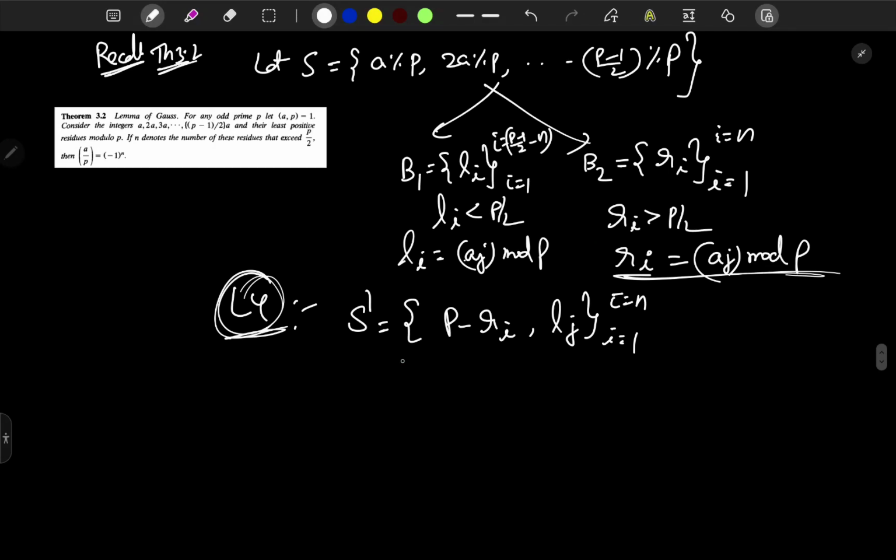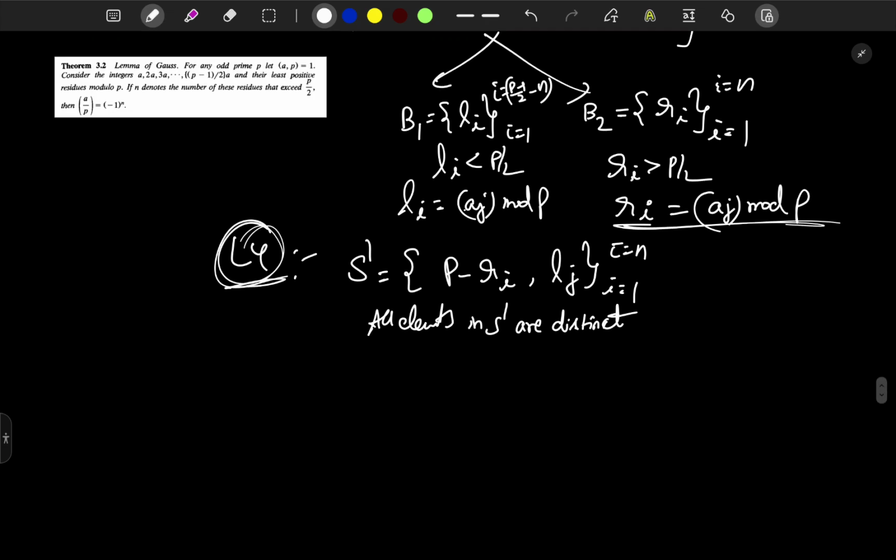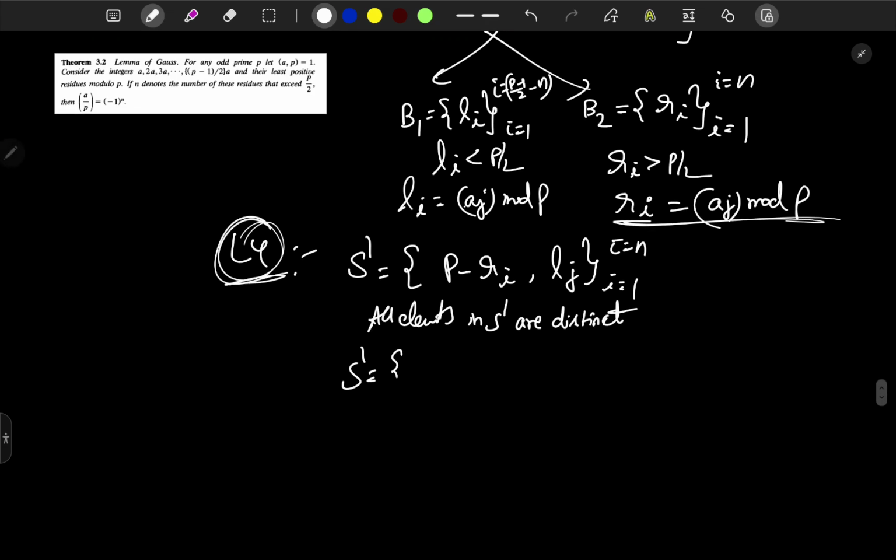So I have proved that all elements in S dash are distinct, and basically S dash is exactly equal to this. Happy? Okay, happy.